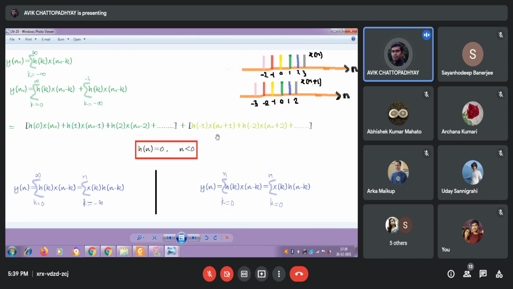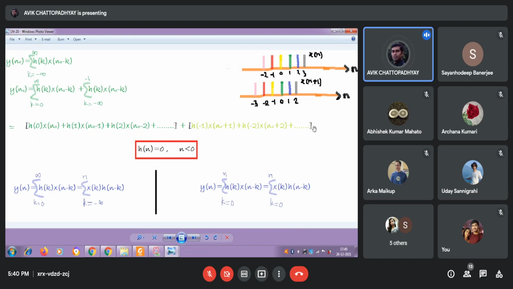So then obviously you know that this coefficient has to be 0. h[n] with the negative argument has to be 0. Otherwise, this term will not vanish. Only this term will be retained, and this term will vanish.